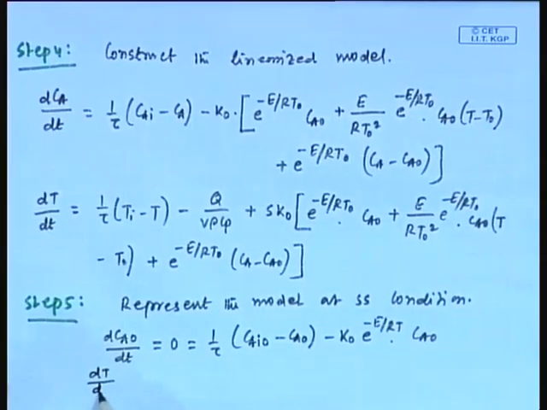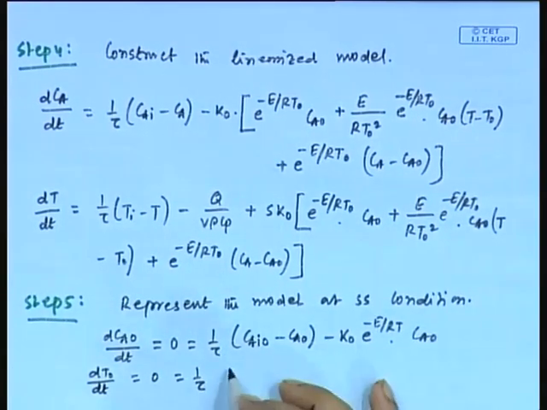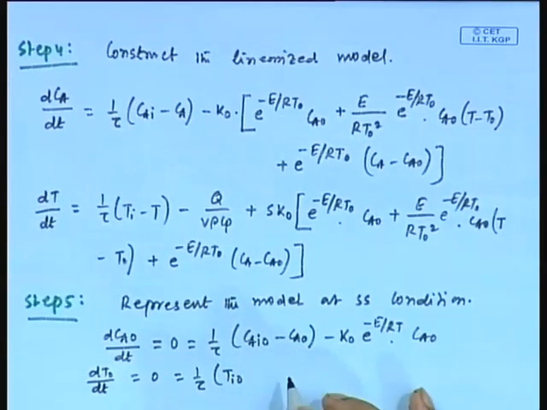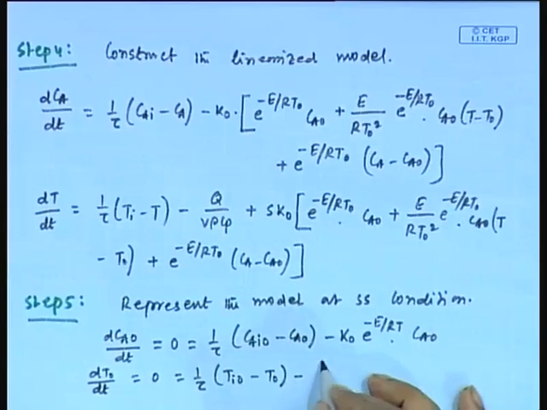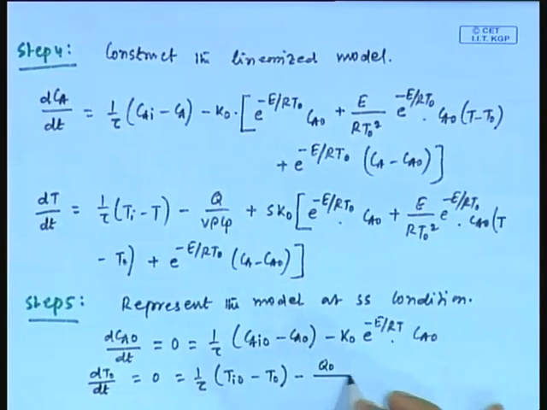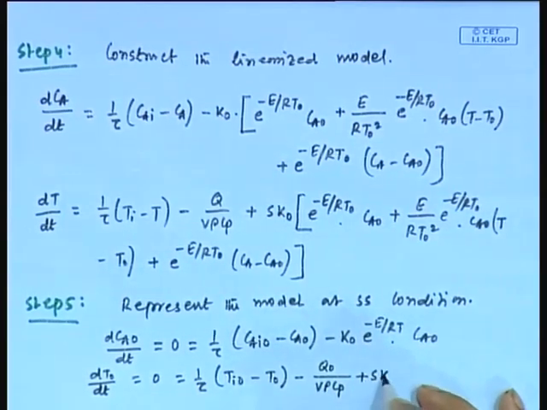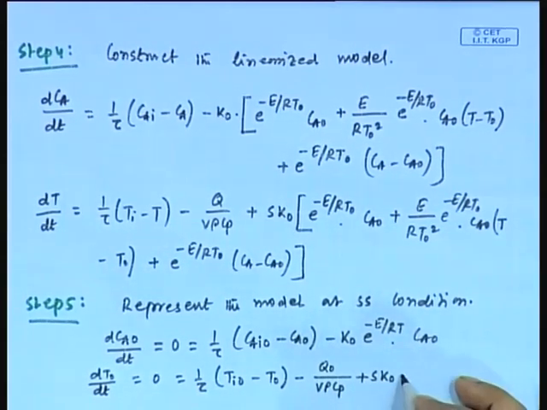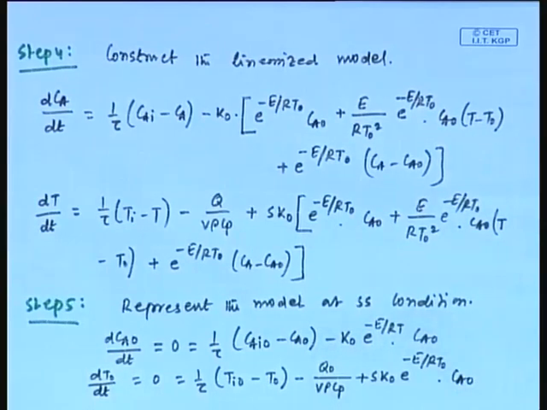Similarly, dT naught dt equal to 0 equal to 1 by tau, T I naught minus T naught, minus Q naught divided by V rho C p, plus S k naught exponential of minus E divided by R T naught, C A naught.